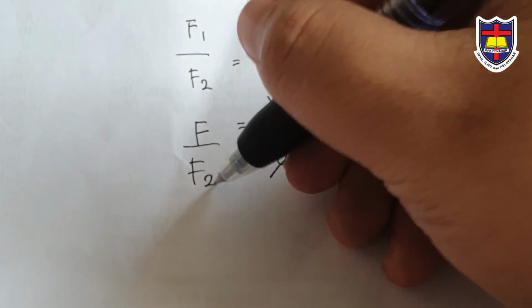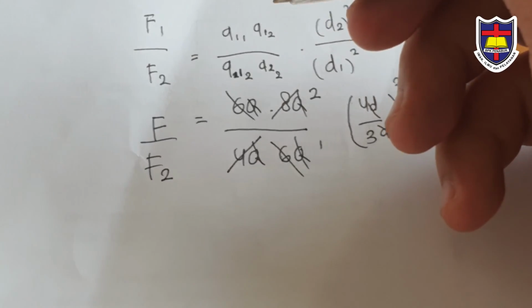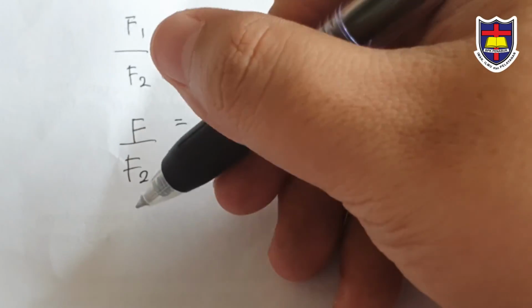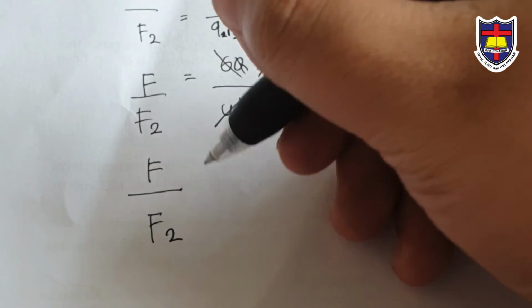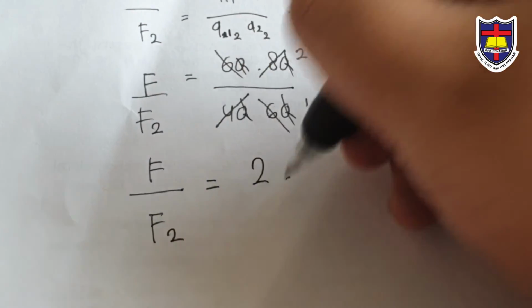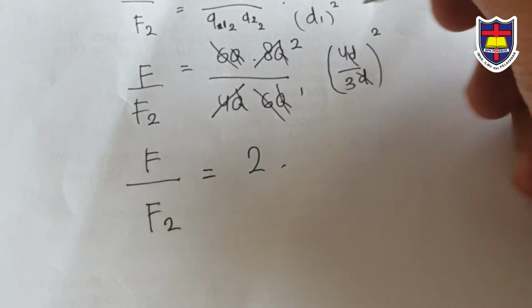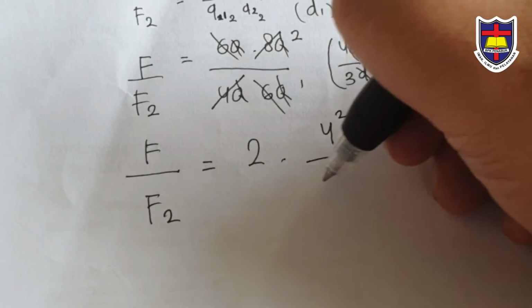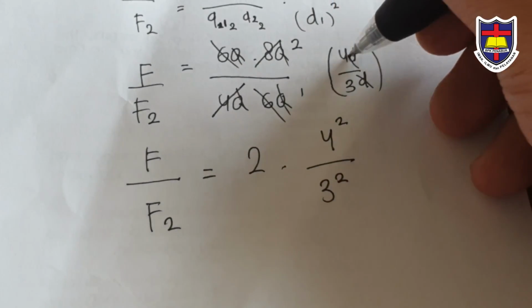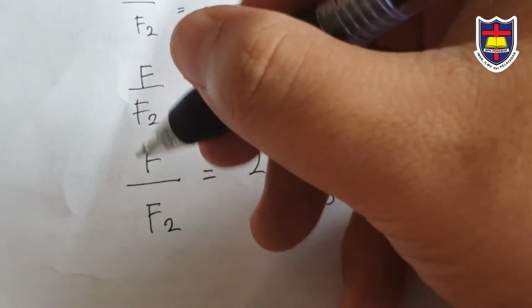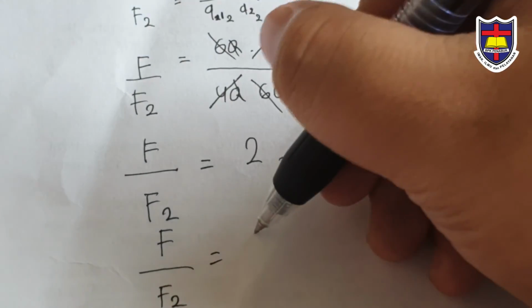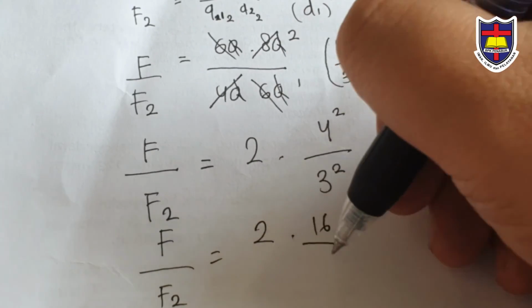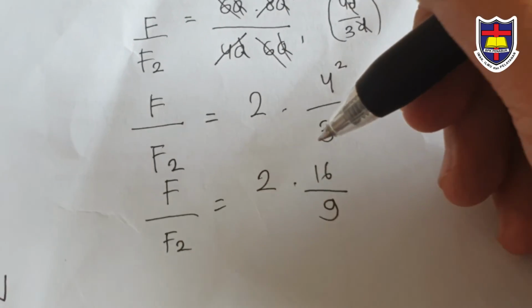This one is over F2. Okay, so after this, we have F over F2 equals 2 times 4 squared divided by 3 squared. So both are squared, don't forget. So F over F2 equals 2 times 16 over 9.